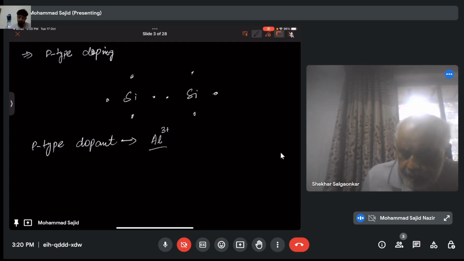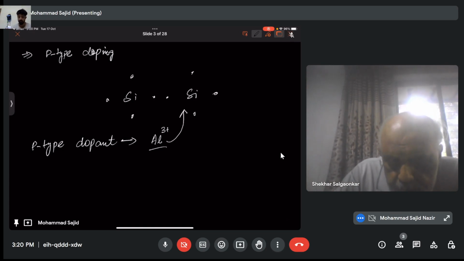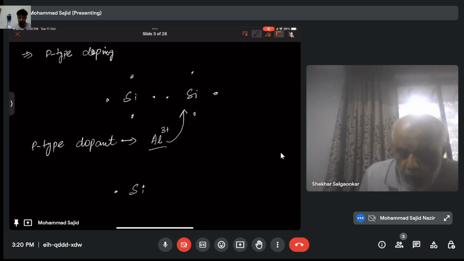So what happens is when you dope this material, it will replace some silicon atom. So this is silicon, and now instead of the second silicon, we have aluminum. But what is the number of electrons in its outermost shell? 3. So what is left is one less electron.